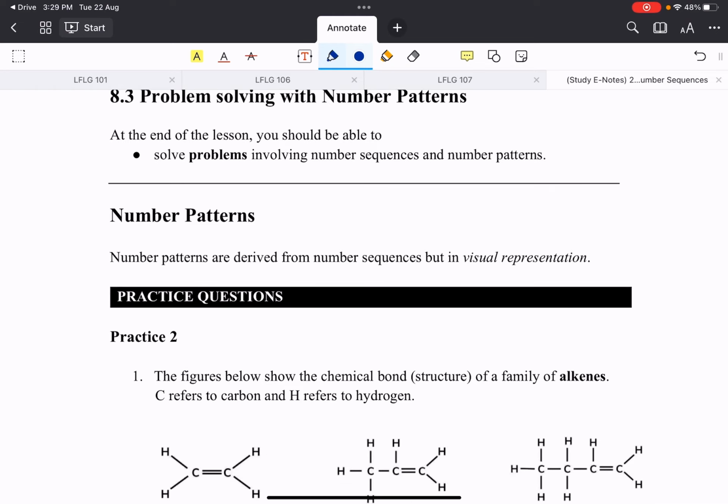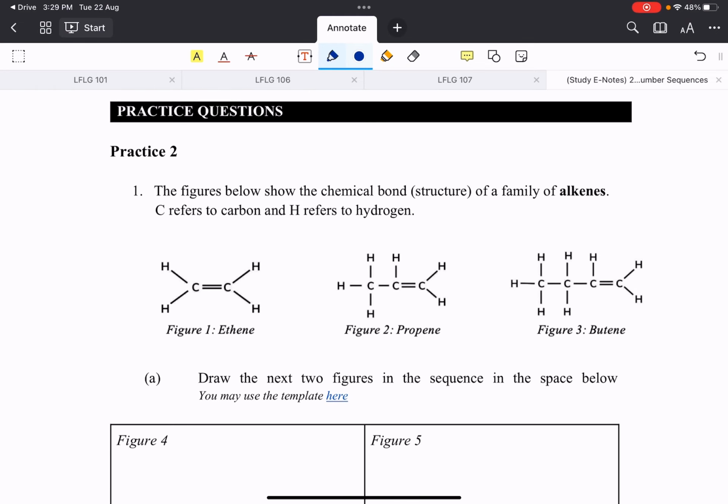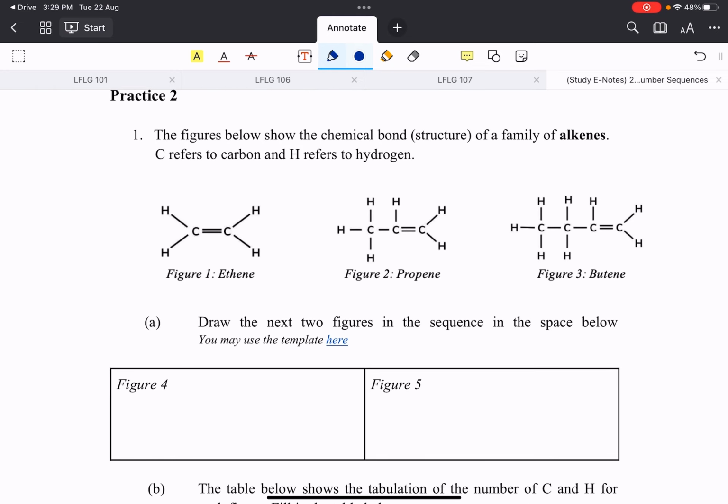Word problems, they appear. So you can see straight away we have one quite interesting question because it deals with chemistry, right? So for those who study chemistry, you'll be familiar with this. These are your chemical bonds. So these chemical bonds also follow certain patterns, right? So sometimes the pattern could actually be visual. So they want us to draw the next two figures. Sure, we can do that, right?